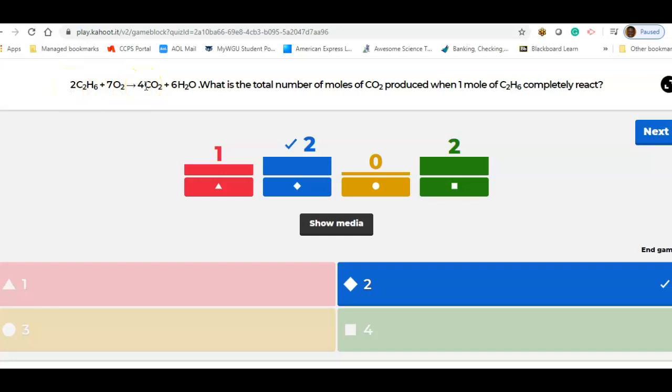Just simple proportion. If you still want to walk through the long process, let me take you through that. 2C2H6 plus 7O2 gives 4CO2 plus 6H2O. One mole of C2H6. How many moles of CO2?